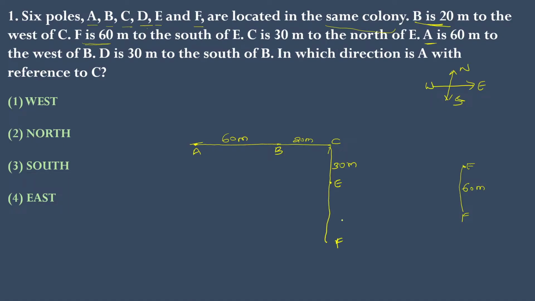Here F is there, here 60 meters is there. Next, D is 30 meters to the south of B. Here B is there. So D is 30 meters to the south of B. This is the given directions.